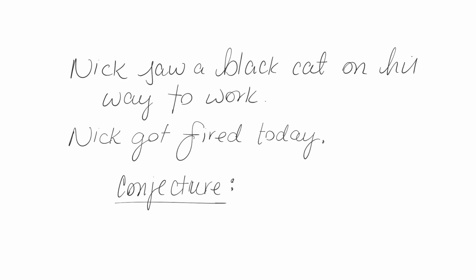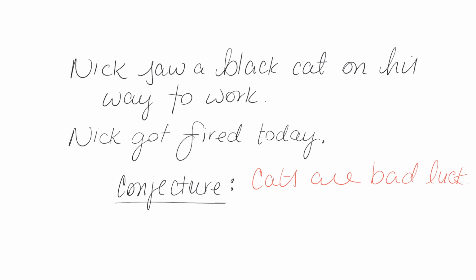Okay, so let's look at this. Here's two facts. Nick saw a black cat on his way to work today. Nick got fired today. All right, so let's use inductive reasoning and create a conjecture. What can you take from that? Well, Nick saw a black cat on his way to work. Nick got fired. So my conjecture could be that cats are bad luck, right? My conjecture is just a sentence or an idea that I'm basing off these two sentences.